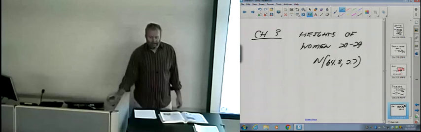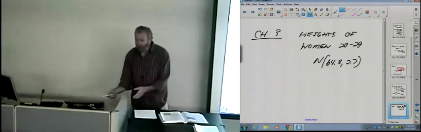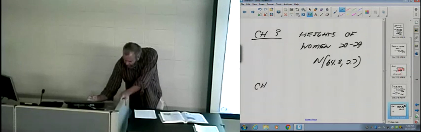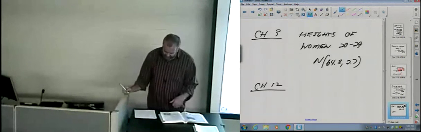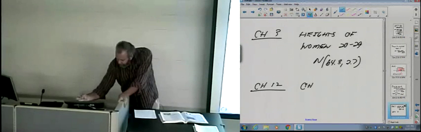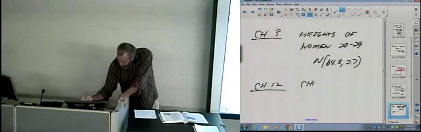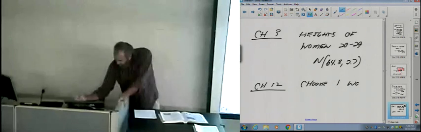Now, what's going to happen here in what chapter is this? Chapter 12. How do I get probability involved in a problem like this? We choose one woman 20 to 29 at random.